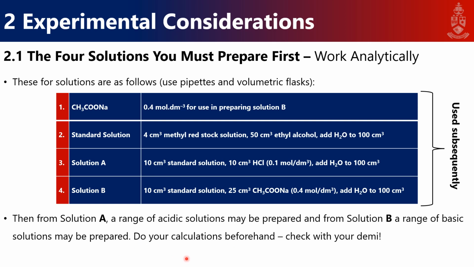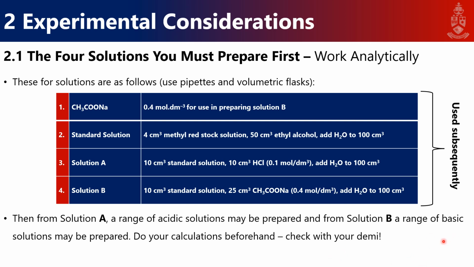And as I've sort of suggested already, please do the calculations of how much you need of each to do these certain steps, specifically the dilutions that are coming now, because these are written out for you. And if you have to move to 250 mils, it's just going to be multiplied by 2.5. And of course, please check with your demis beforehand.